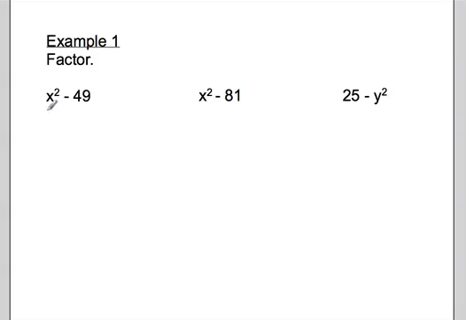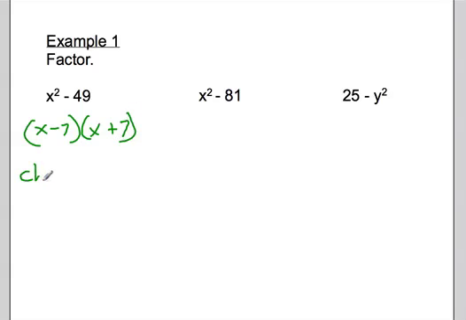So we look at the first expression. We got x squared minus 49. First of all, check to see if it is a difference of squares. It is a difference because we have a subtraction, and x squared is a square number, and 49 is a square number, so we can factor it using the difference of squares method. We're going to factor to x minus 7 times x plus 7.